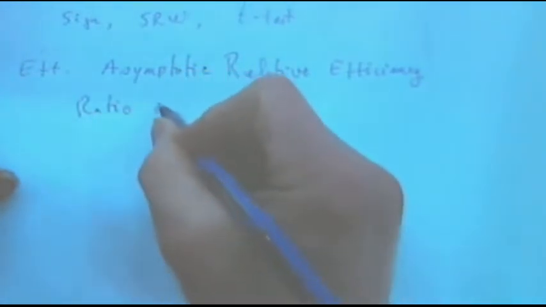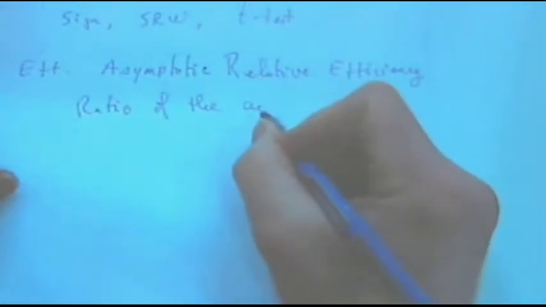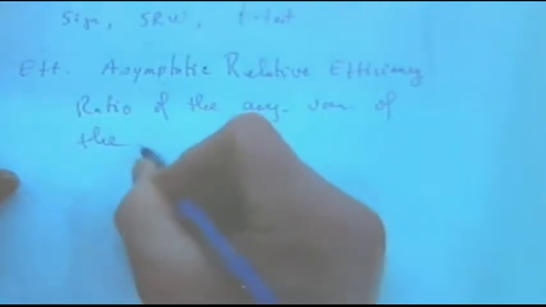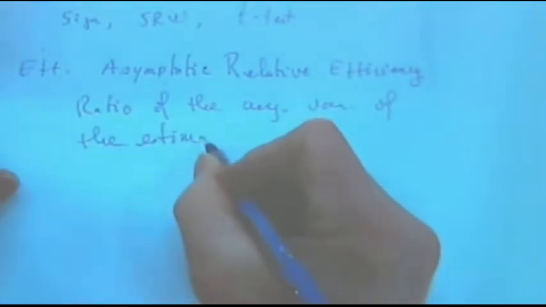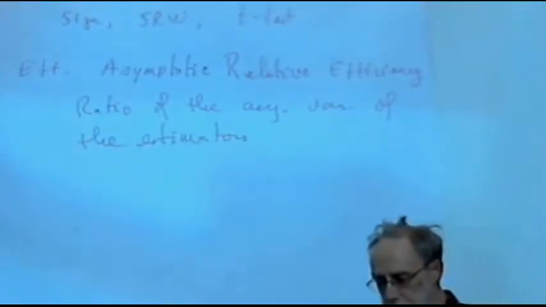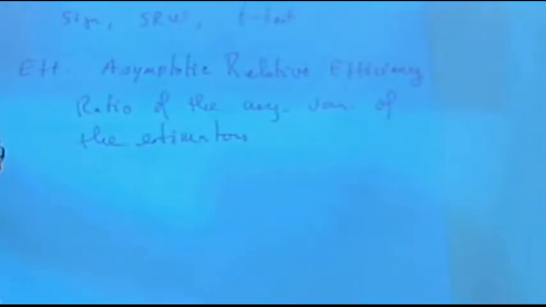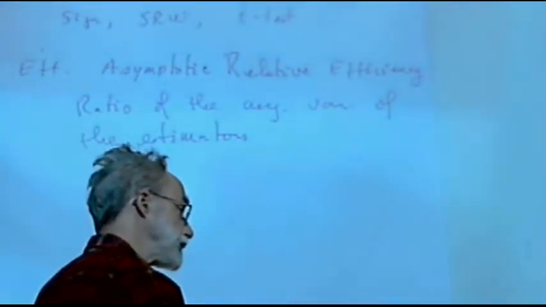So it's the ratio of the asymptotic variances of the estimates. You can think of it this way too: just square the standard error, and it's the ratio of the standard errors, or the things that are actually estimated.